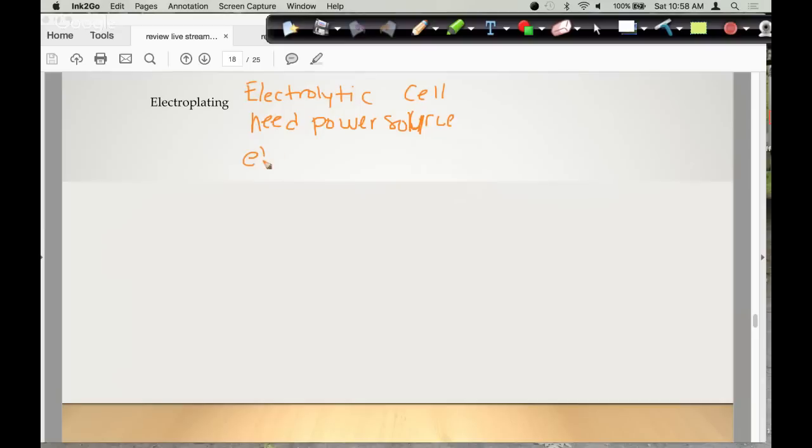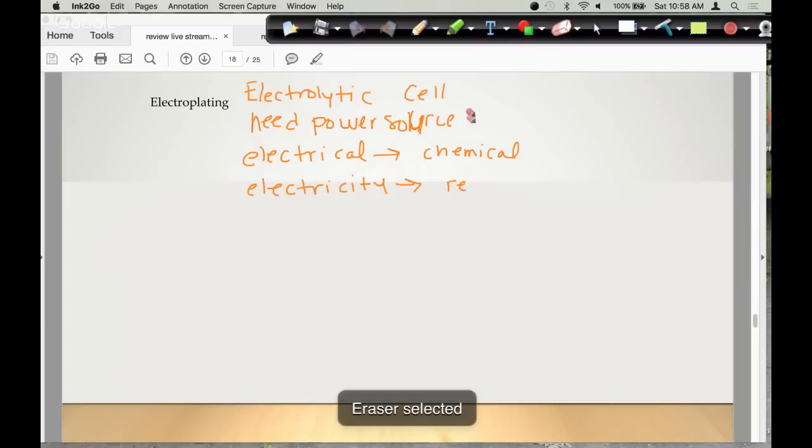We are converting electrical to chemical energy, and electricity is causing a redox reaction.